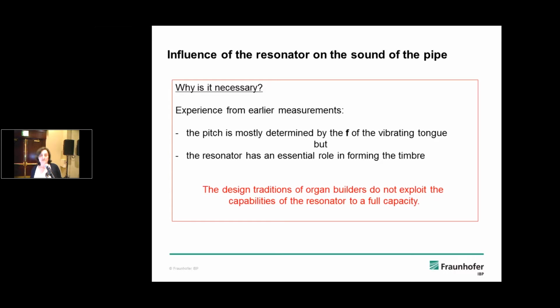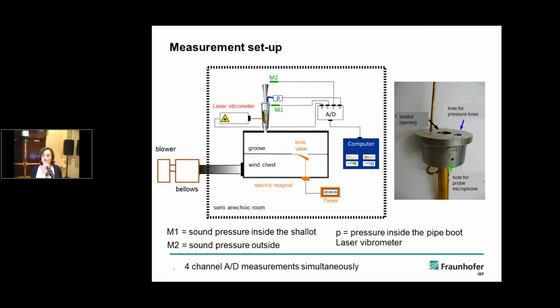On the other hand, the design traditions of organ builders do not exploit the capabilities of the resonator to a full capacity. And there are very different kinds of resonators, different kinds of reed pipes, and it is pretty hard for the organ builders to really use all the possibilities by the pipe sound.